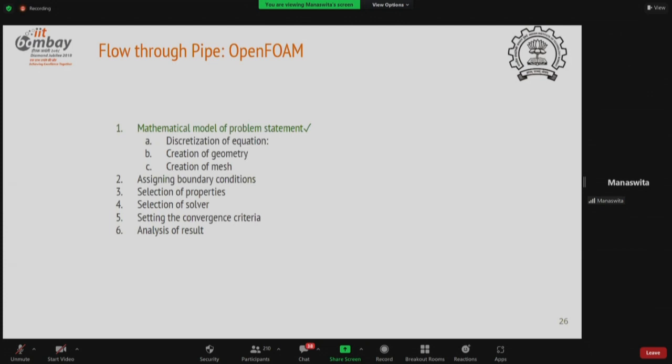Now, see, when we talk about pipe, we said it is axisymmetric geometry, right? If it is axisymmetric geometry, then do we really have to solve a 3D problem? What do you think? Not necessarily. When the problem is axisymmetric, we have to solve only one section.